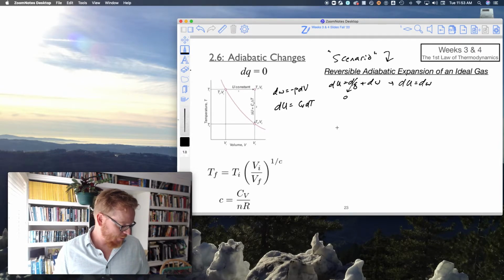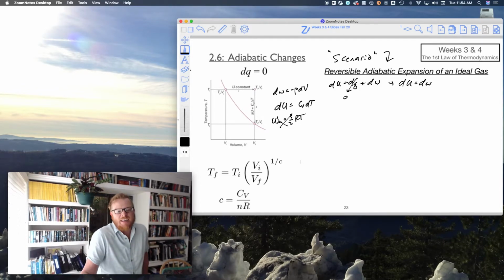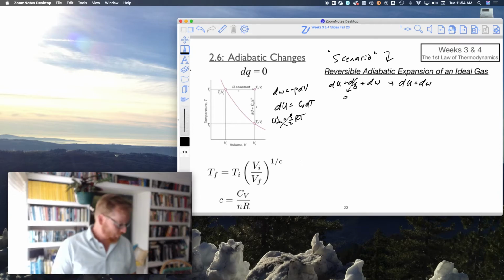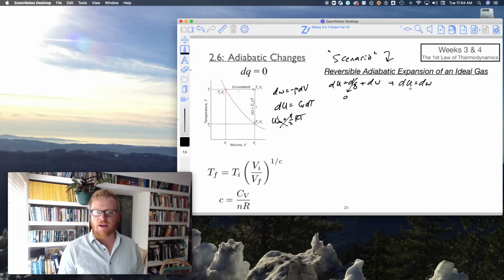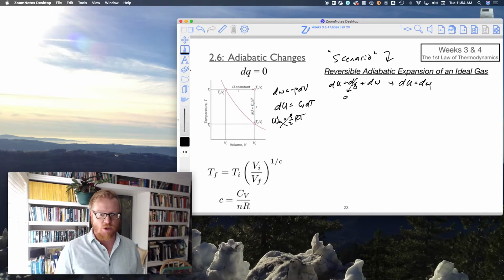Another relationship that we know is that U equals 3/2 RT, but that doesn't really do anything for us because we don't see any volume dependence. So now what we can say is I've got dU equals dw. And by the way, this is another pretty challenging derivation, so instructor assist. I wouldn't expect you to be able to just come up with this.